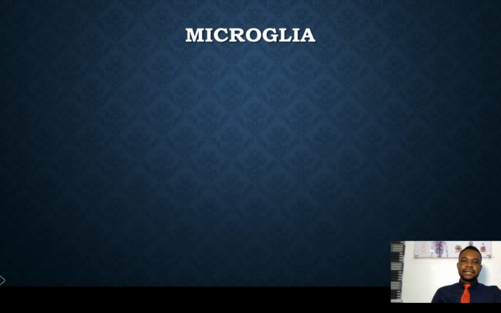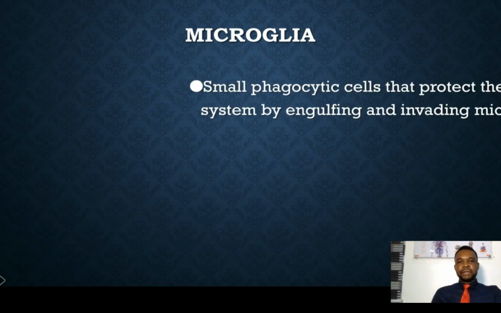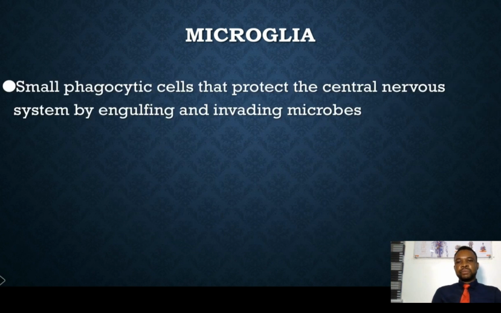Now, the next neuroglia cell is microglia cells. They are small phagocytic cells that protect the central nervous system by engulfing invading microbes.